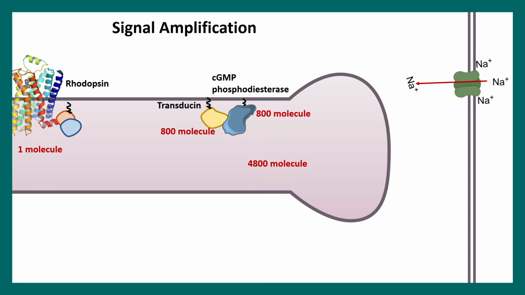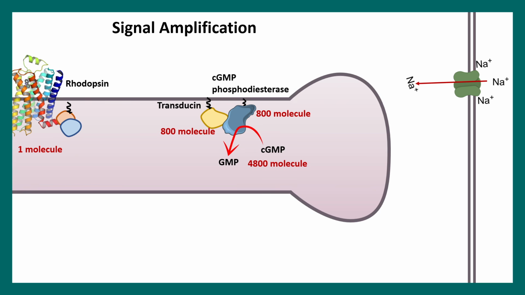One thing to note, just like other themes, one molecule of G protein coupled receptor can eventually activate approximately 5,000 molecules, that is, break down 5,000 molecules of cyclic GMP. Now that tells us how the signal amplification has happened.